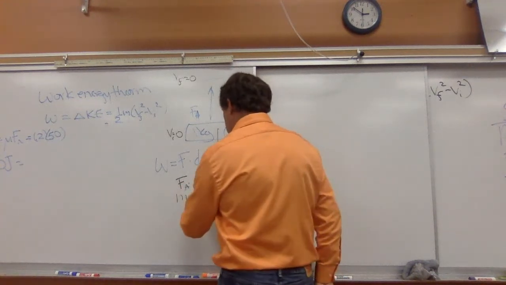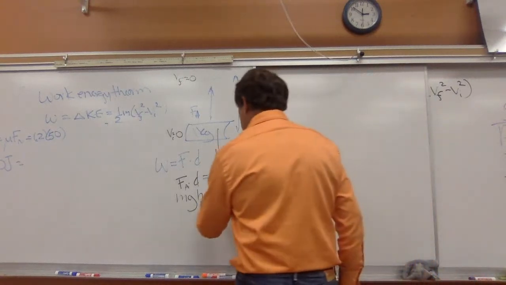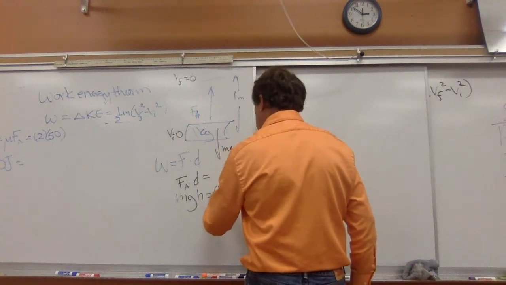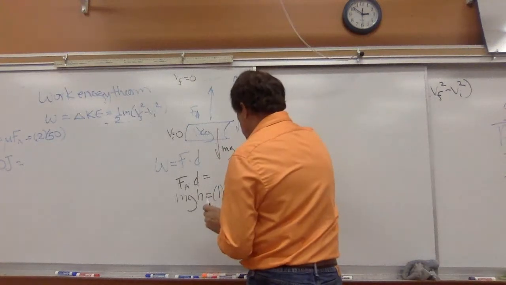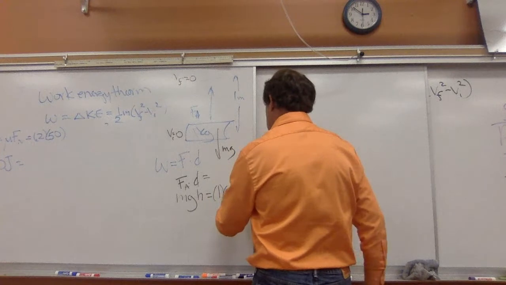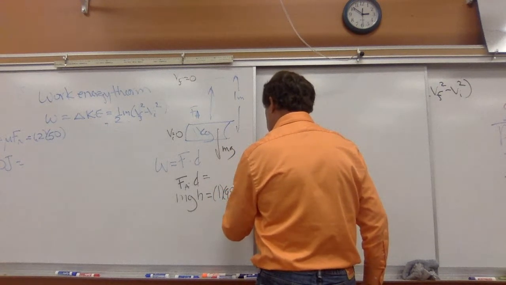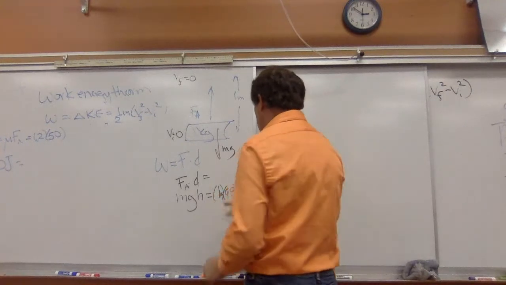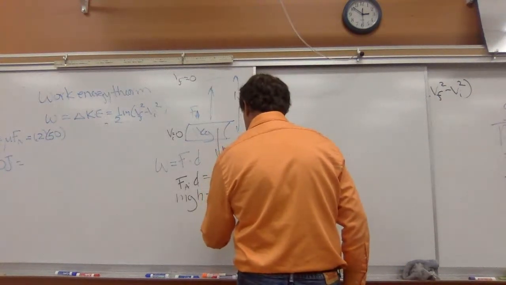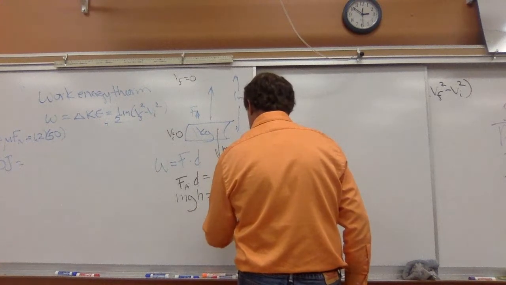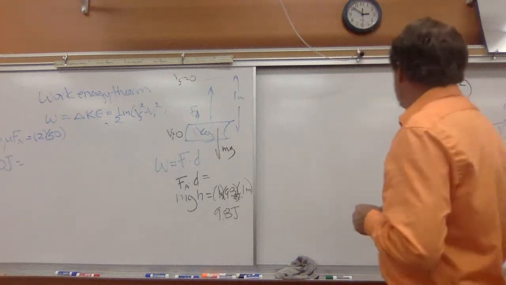And instead of distance, we're going to have height, same thing. And in this case, we're going to have 1 times 9.8, times a distance of 1 meter. Meters per second squared, kilogram, meter squared per second squared, that is joules. We're going to say 9.8 joules. That's how much work we did.